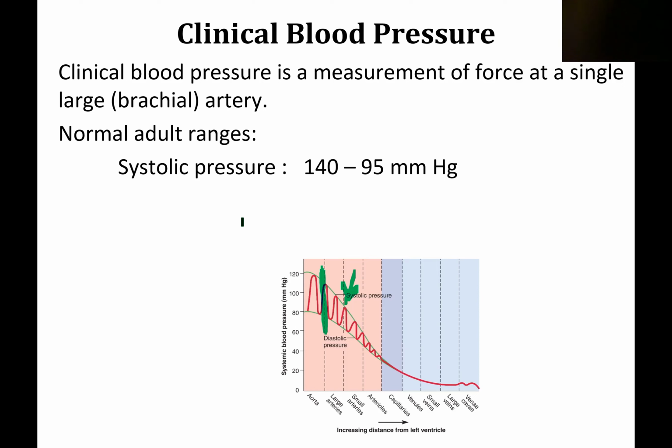And it's a range. So the force exerted when the ventricle contracts is going to average in there. Diastolic pressure is 60 to 80.